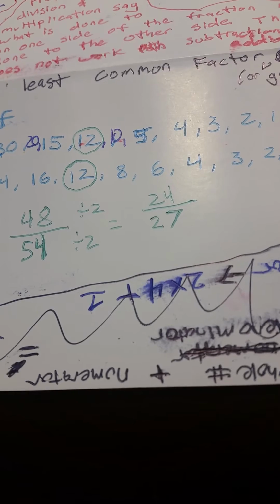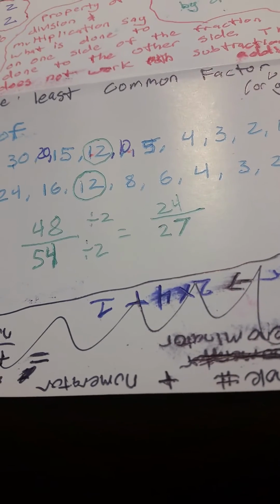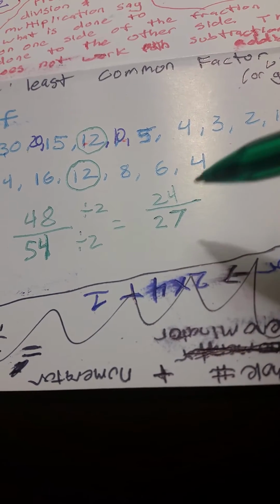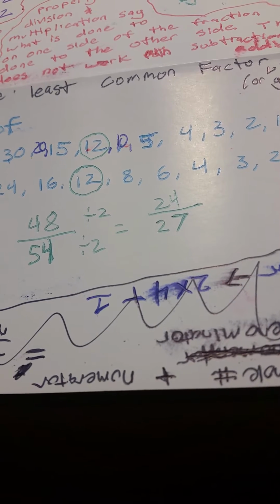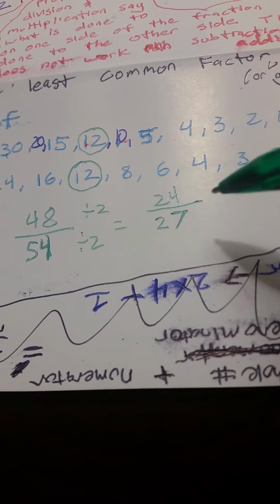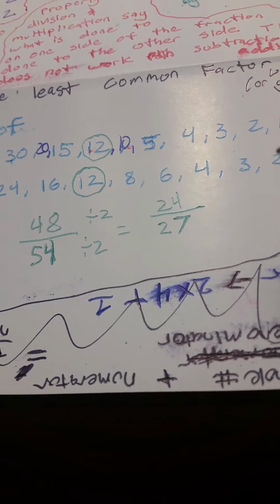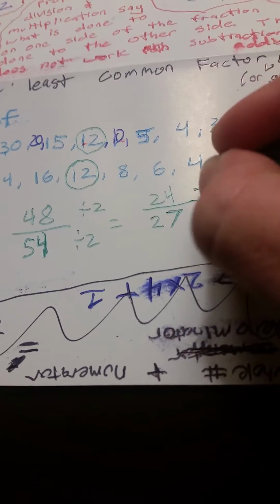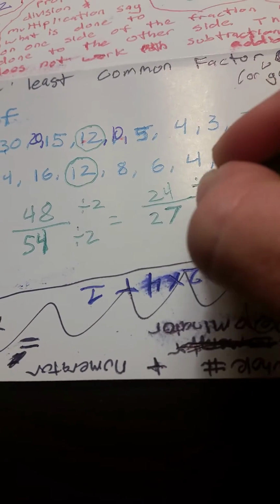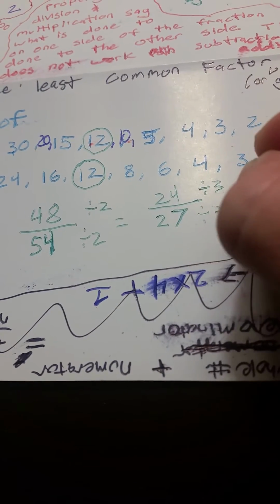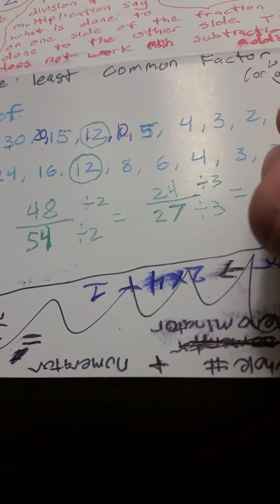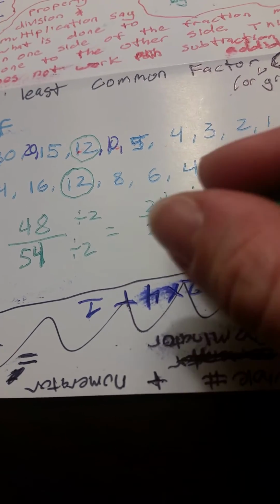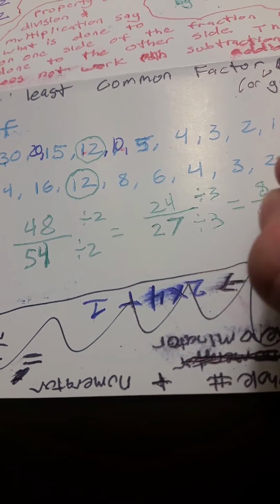And if 6 is divisible by 3, then that number is divisible by 3. 2 plus 7 in the number 27, if you add the digits, equals 9, and 9 is also divisible by 3. So we know both the top and the bottom is divisible by 3. So 24 divided by 3 equals 8. 27 divided by 3 equals 9.